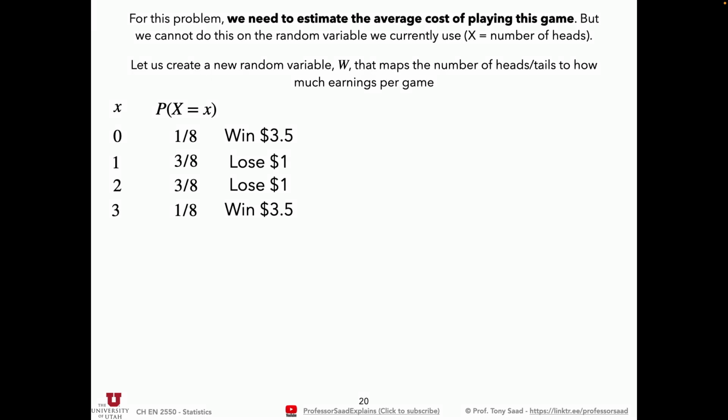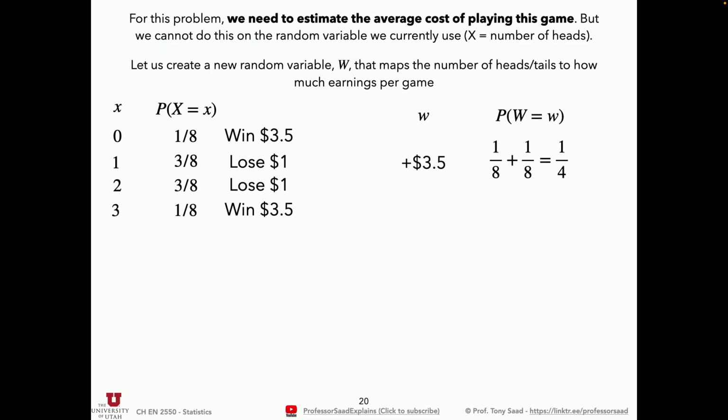We create a new random variable, call it W, capital W, for winning, or wins. Okay? And then for this W, I'm going to say there are 2 values only, either plus 3.5 or minus 1. What's the probability of winning 3.5? It's 1 over 8 plus 1 over 8.